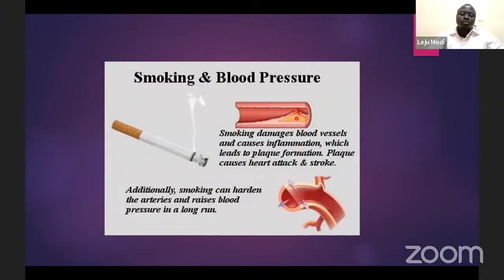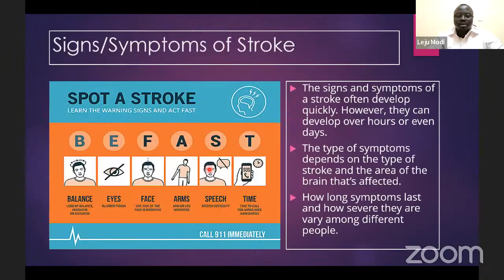Sometimes it can dislodge from here and circulate around, go into the brain and block a blood vessel, or go into the heart and block a blood vessel that supplies the heart with blood and cause a heart attack. Of course, smoking also can harden the arteries, as we said, and raise blood pressure. So that's how smoking is really quite dangerous in these two things, high blood pressure and stroke.